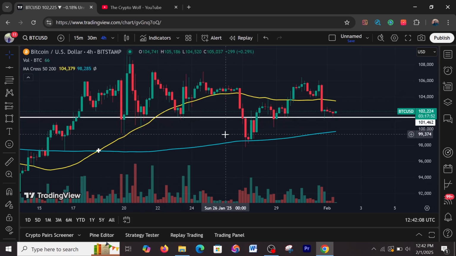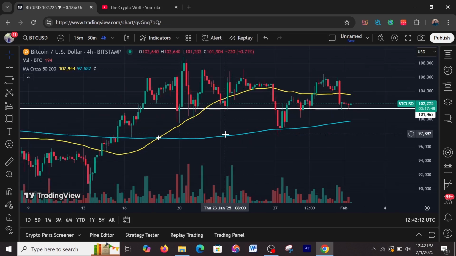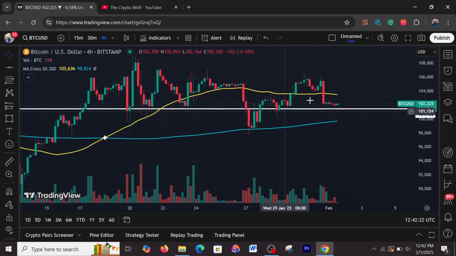Moving average 50 and 200, which is what most people use. A break below these moving averages is a bearish sign. A break above is a bullish sign. And if you look at it, most times these moving averages act as support and resistance areas.